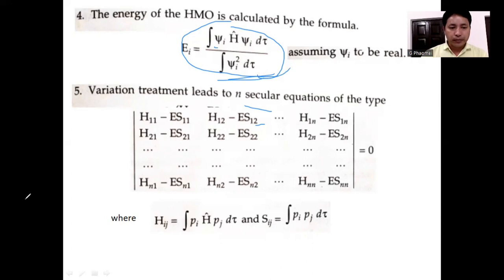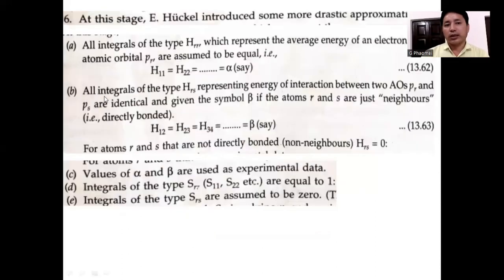Therefore, it's assumption number 5, and assumption number 6 is that, from assumption 5, we can take the integrals of p_r, Hamiltonian, p_r as H_rr, and all these types of integrals, that means H11 or H22 for adjacent ones, can be taken as alpha. If they are different, that means 1 and 2 or 2 and 3 or 3 and 4, these are all equivalent and can be taken as beta.